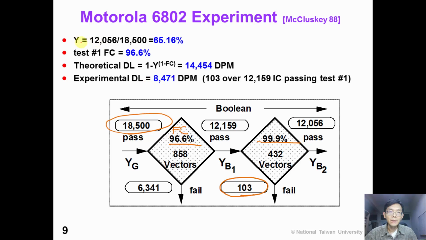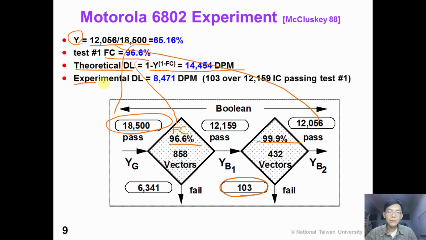In this experiment, the yield is equal to 12,056 over the total number of chips, which is 18,500. The fault coverage of the first test is 96.6%. If we use the Brown and Williams model to predict the defect level, that will be 14,454 dPm.